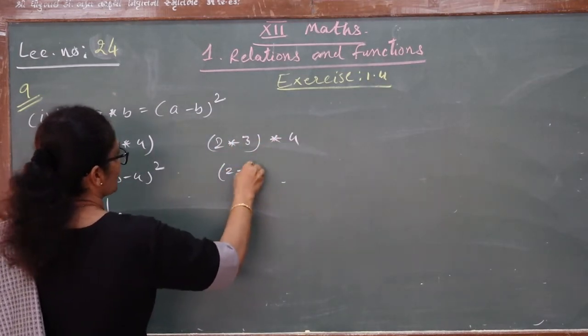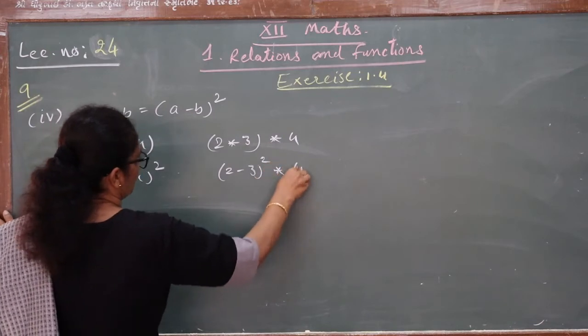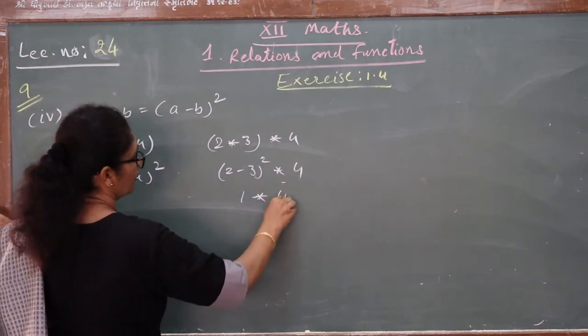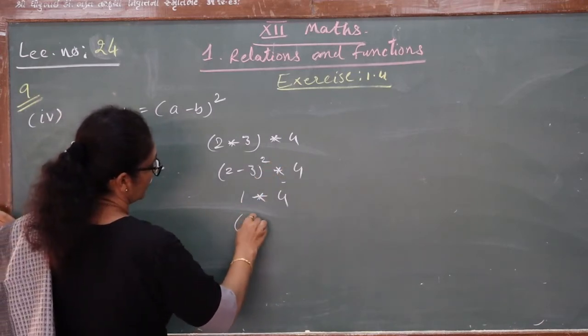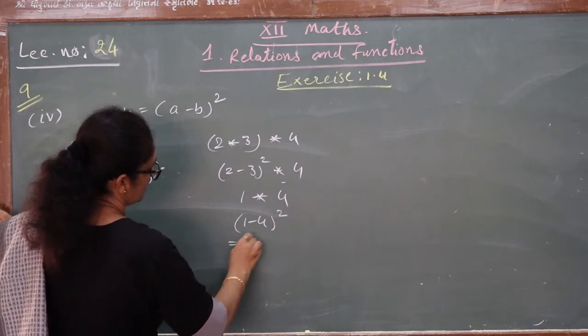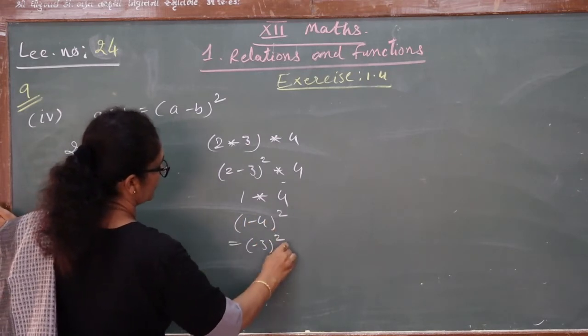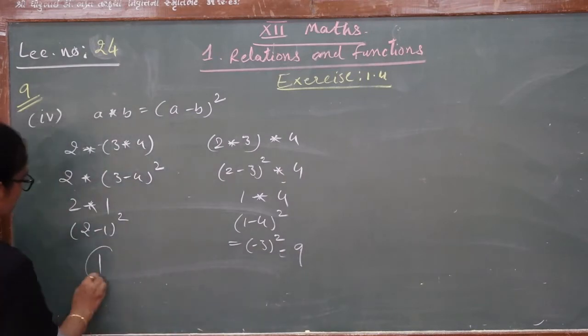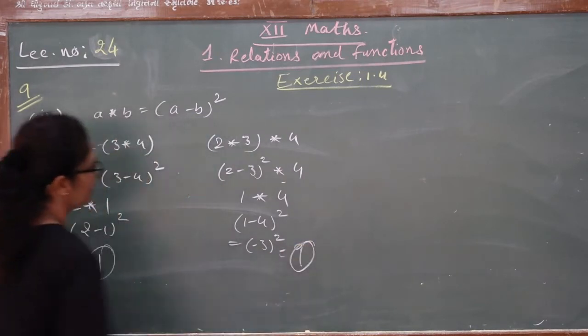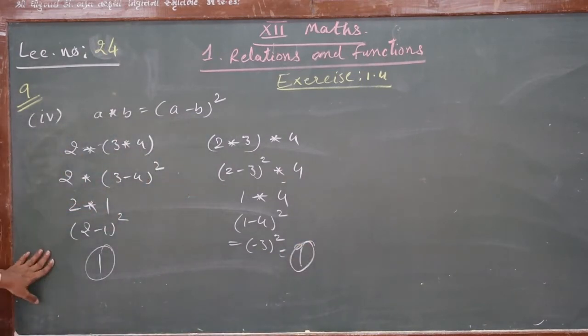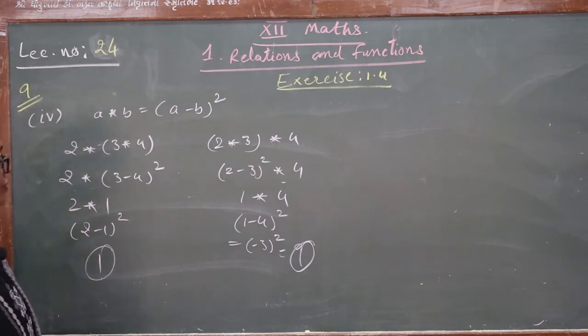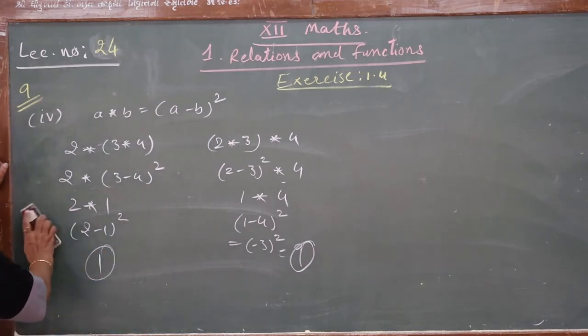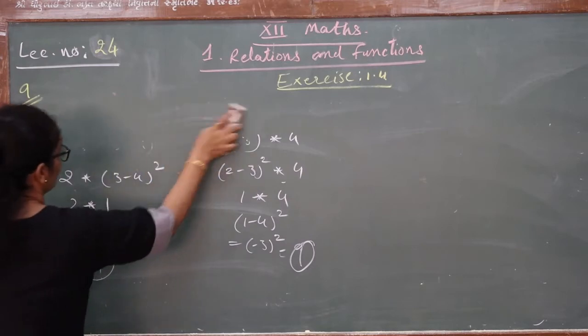Now 2 minus 3 square and 4, so 1 and 4. 1 minus 4 square is minus 3 square and it is 9. So first is 1 you are getting, second number is 9. Both are different, so it is not associative. It is commutative but not associative.